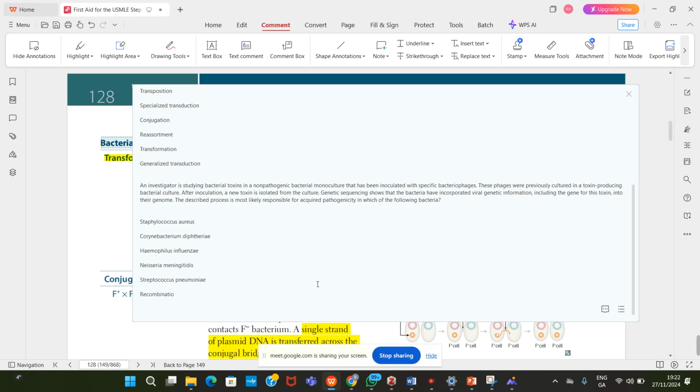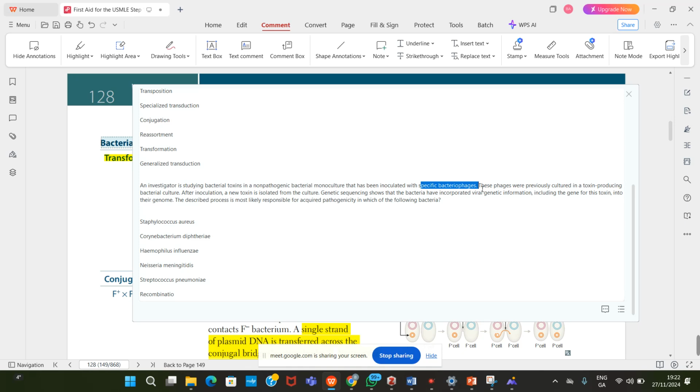Anybody? Staph aureus. Diphtheria. Somebody said Staph aureus. Why are we picking Staph aureus? No, diphtheria. What interaction is this? It's specialized transduction. They already told us.